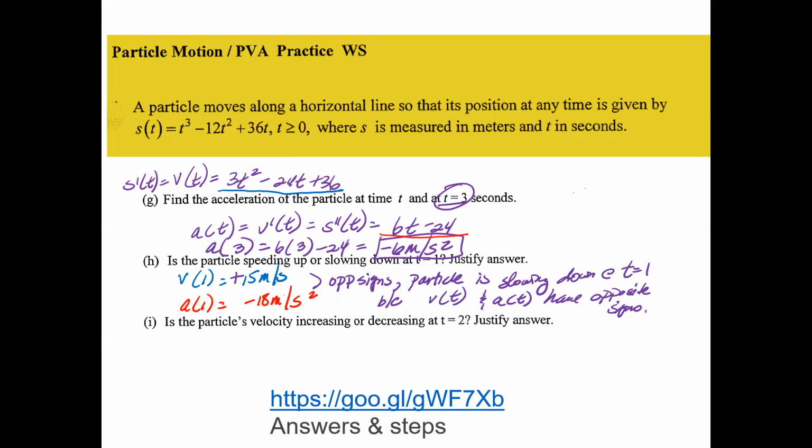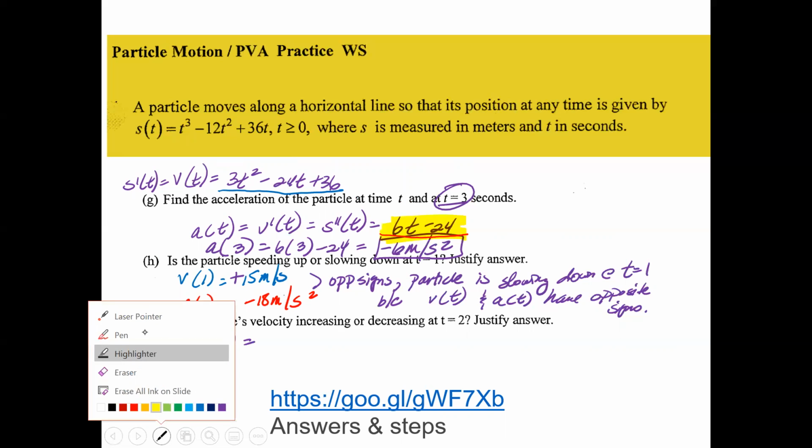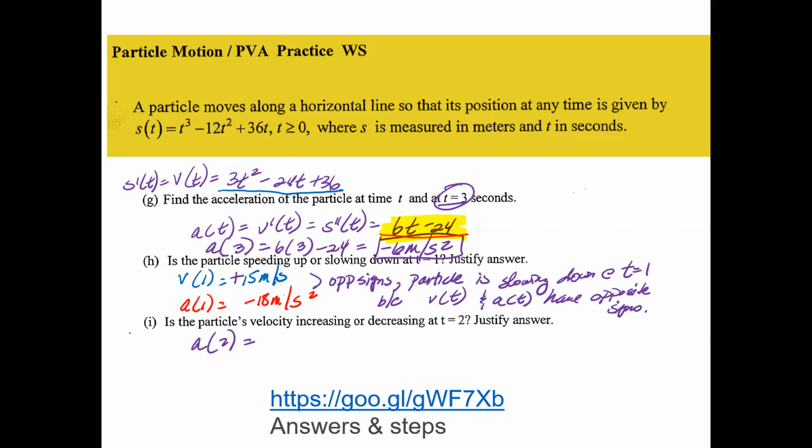So is the particle velocity increasing or decreasing at t equals 2? Well, let's take a look. A of 2, plug that into this equation here. I know you're like, I have 3 equations. I got to keep track of which one I'm using, and you're absolutely right, you do. So this is your acceleration. So acceleration at A of 2, is that going to give you a positive or a negative answer?